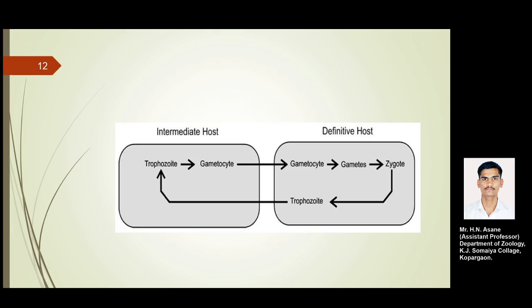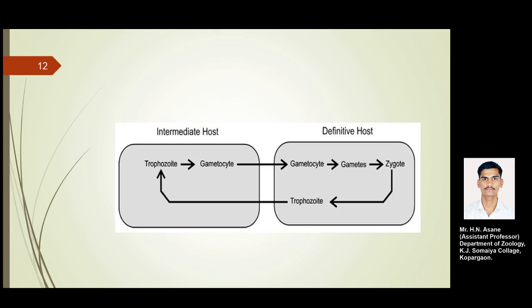The trophozoite is the stage in the intermediate host, which gets converted into gametocytes. These gametocytes come into contact with the definitive host and develop there, where the gametocytes are converted into gametes, and the zygote forms, with various developmental stages occurring between the zygote and the trophozoites.